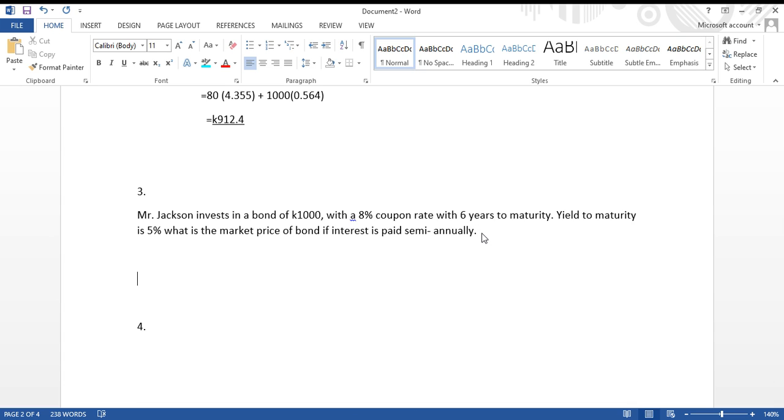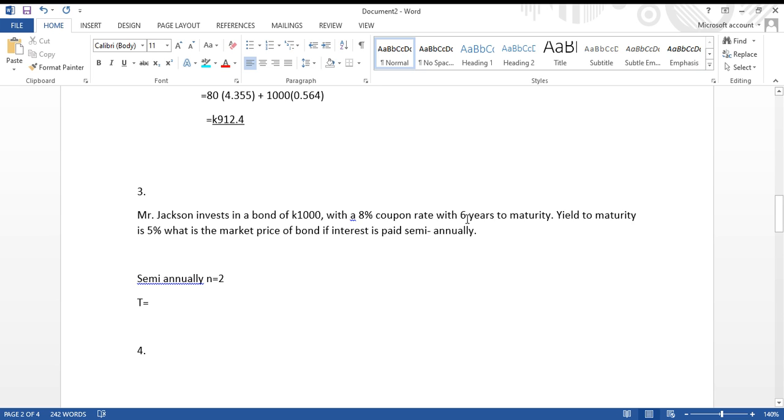So if interest is paid semi-annually, it is paid two times in the year, right? Semi-annually, we have to make some adjustments. N, the number of payments, since it's 6 years to maturity.